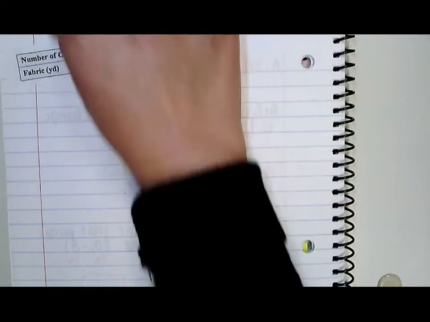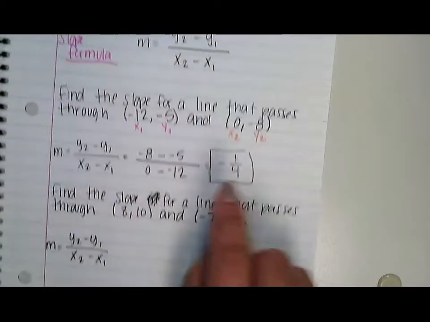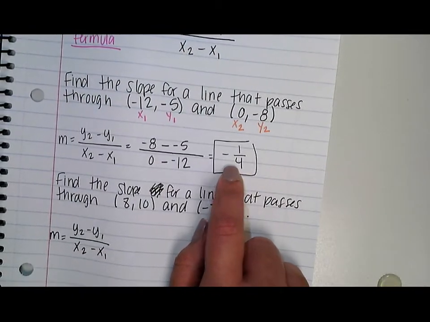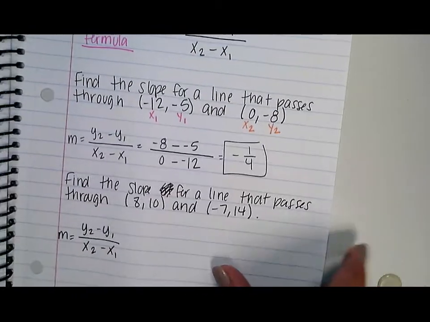Okay, and now we're going to get into rate of change. Rate of change is like slope because you're still doing the same math, but rate of change has a meaning to it. So we're not just going to punch numbers into a formula and get a number. Now the number is going to have a meaning.